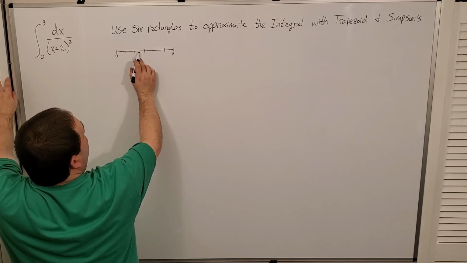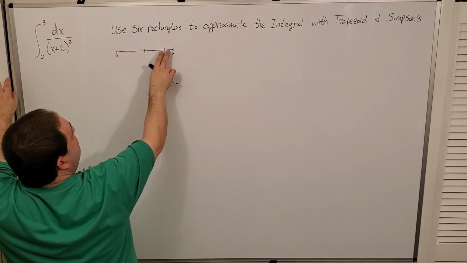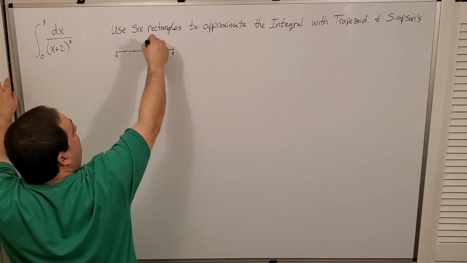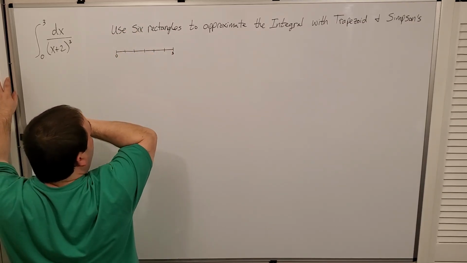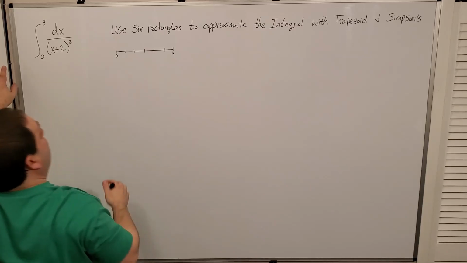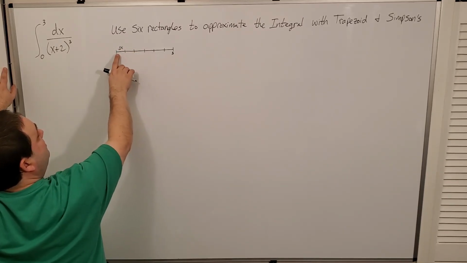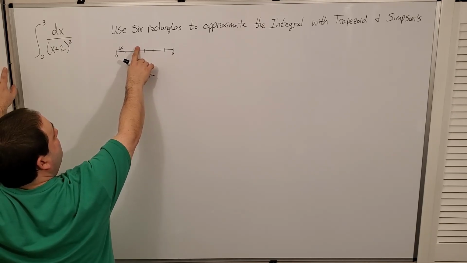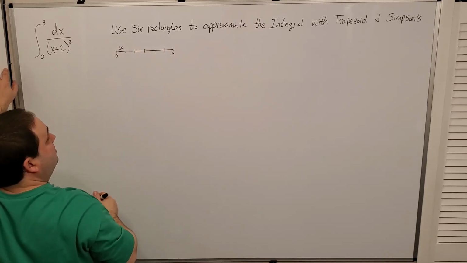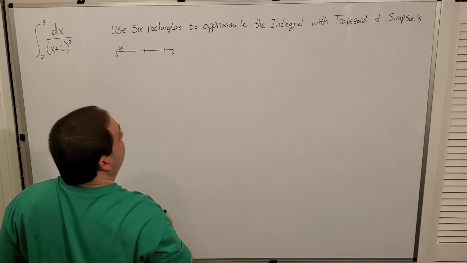So 1, 2, 3, 4, 5, 6 little sections, each having a rectangle above or below them, okay? Remember, the width on each of these is going to be delta x. We need to figure out what that is.